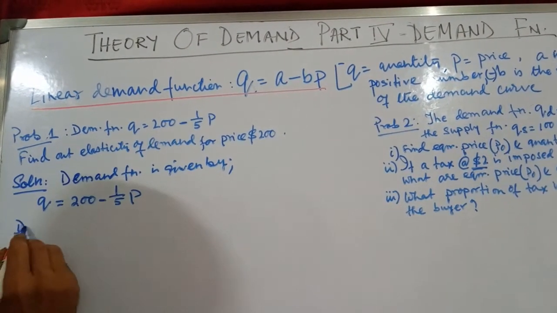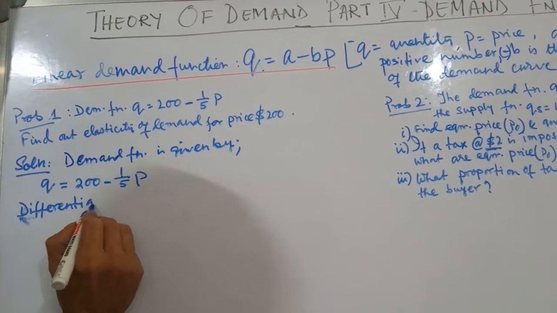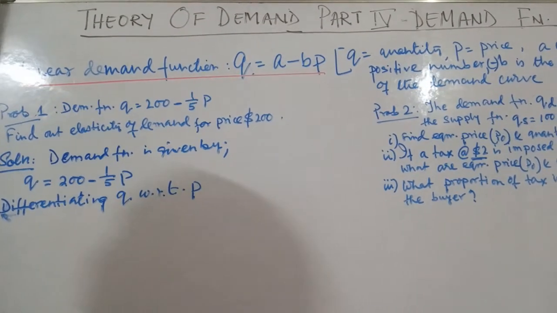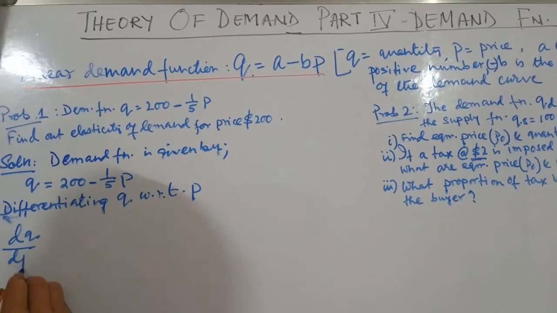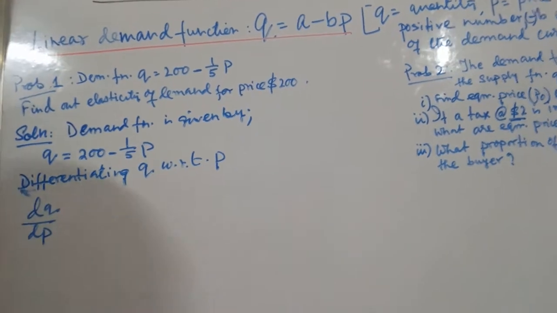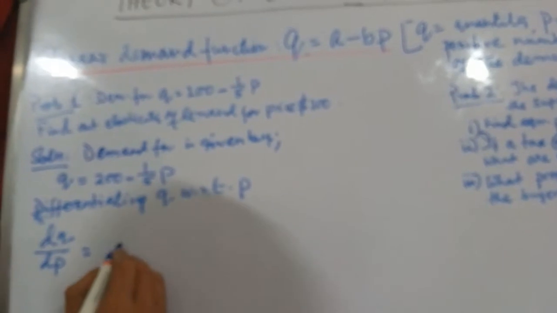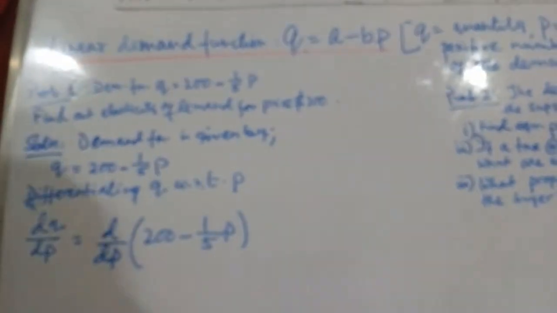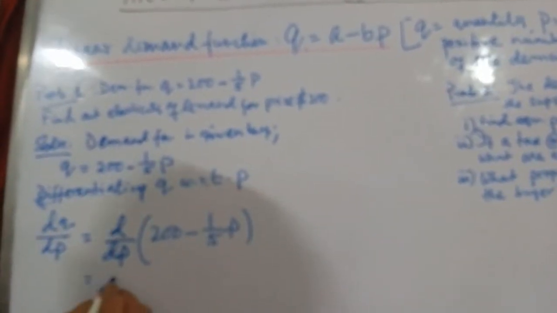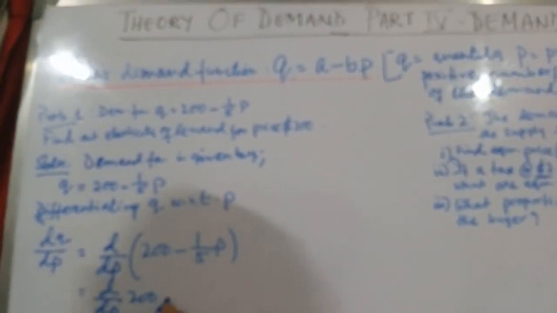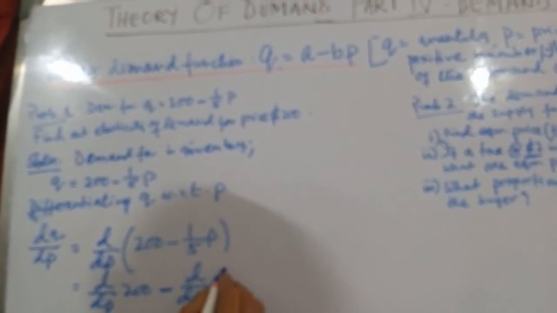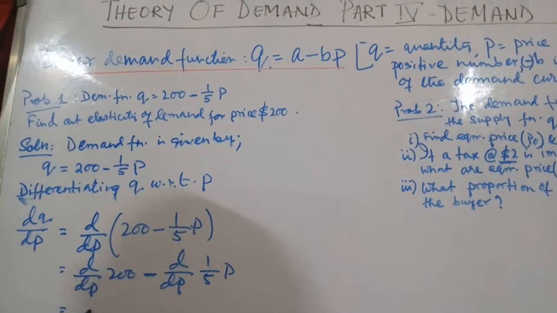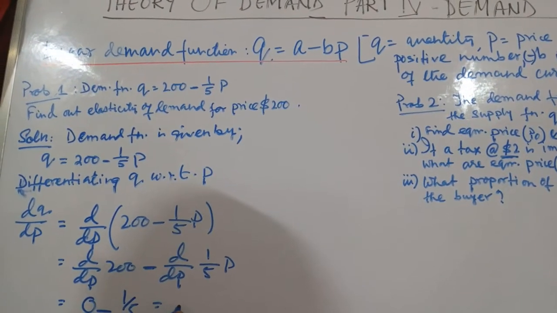Differentiating Q with respect to P, dq/dp equals d/dp of (200 minus 1 by 5p), equals d/dp of 200 minus d/dp of 1 by 5p, equals 0 minus 1 by 5, equals minus 1 by 5.